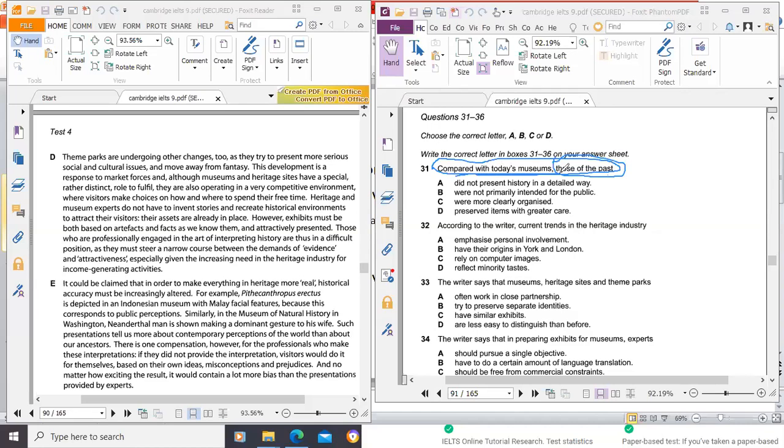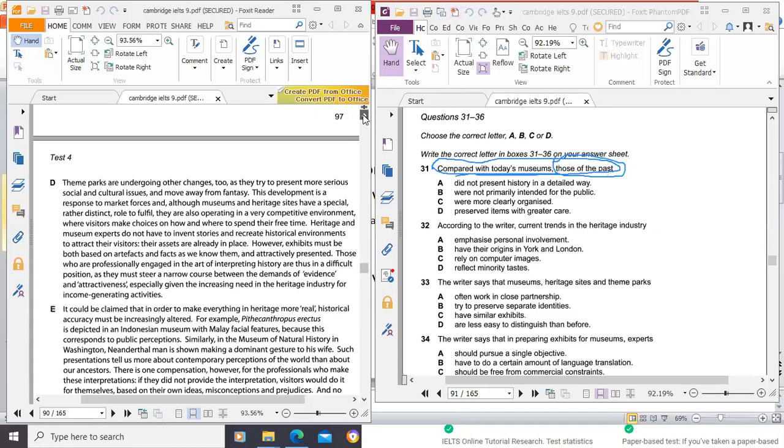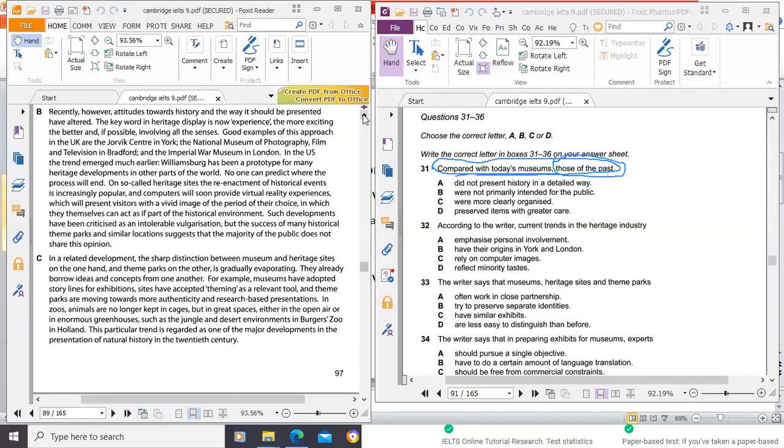Okay, because they want to save time as well. So if you can find the answer to question 31, if I find it in paragraph D, I don't have to be looking for the answer to question 32 up here. Okay, that's what it means.